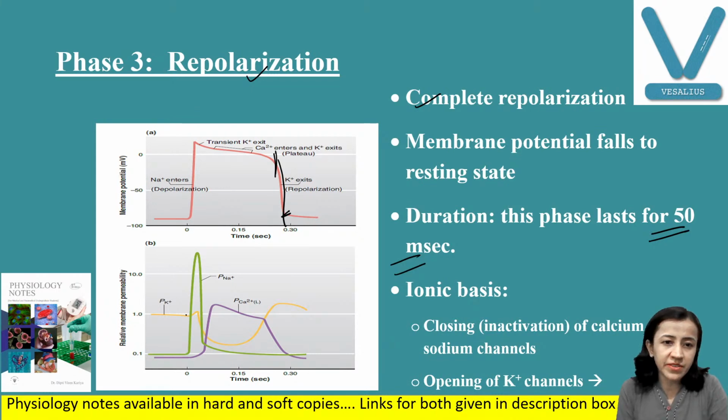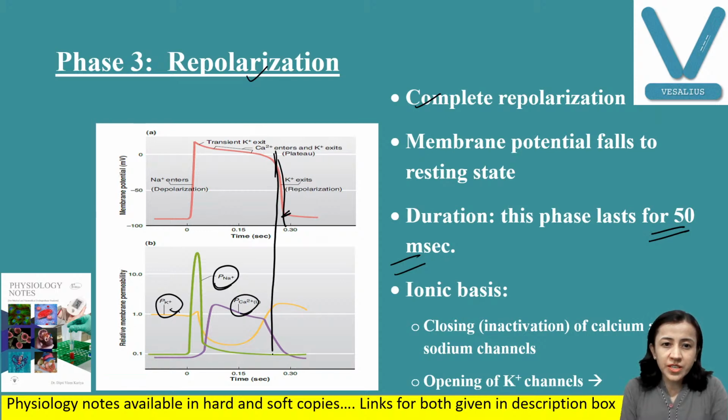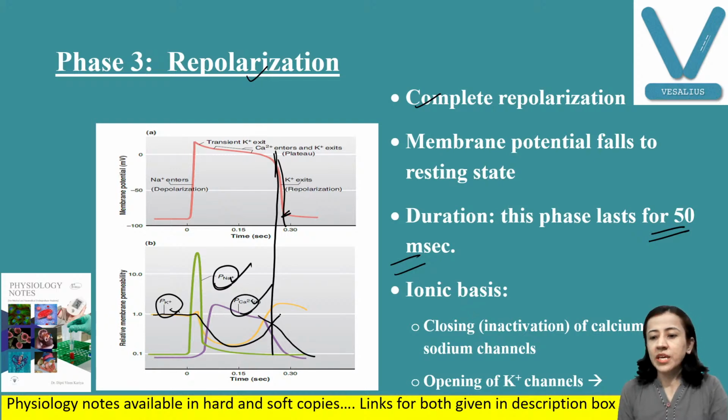You can see here these are the various channels: sodium channels, potassium channels, calcium. Now during this phase, your calcium channels start getting closed, and closure or inactivation of calcium and sodium channels, both this and this. And now potassium channels get opened up, opening of potassium channels and rapid efflux of potassium ions.